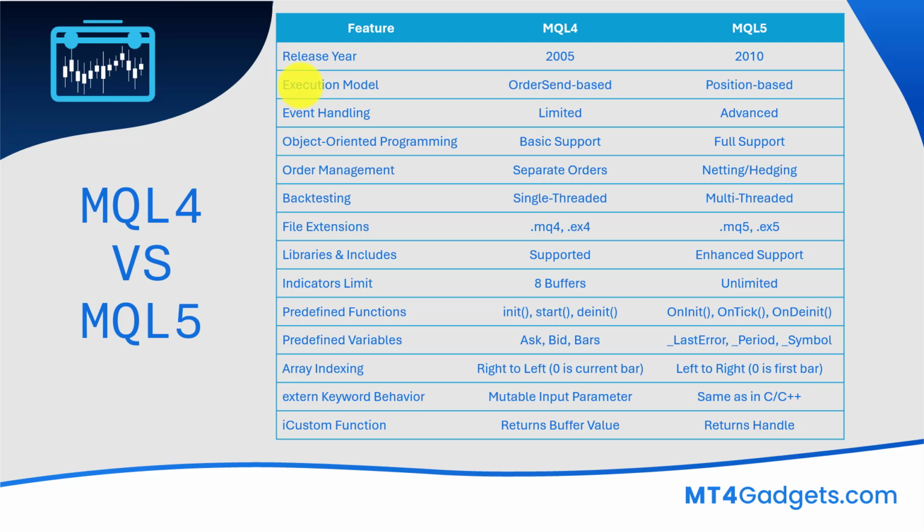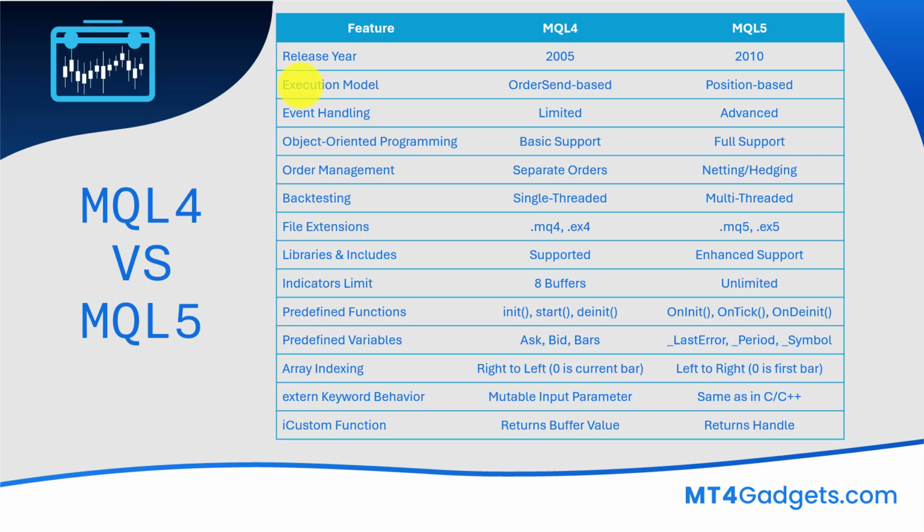Being more recent, MQL5 has very good support for object-oriented programming, while MQL4 initially started with no support at all for object-oriented programming, and then later on with a few updates, it started to have some basic support.